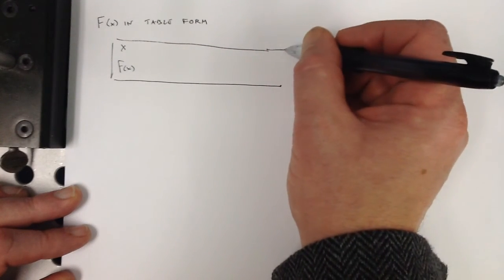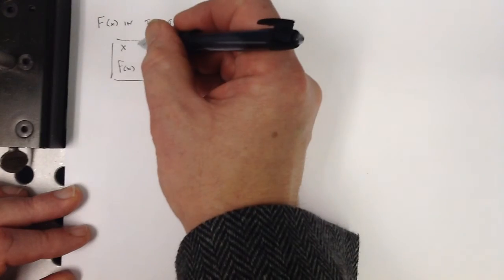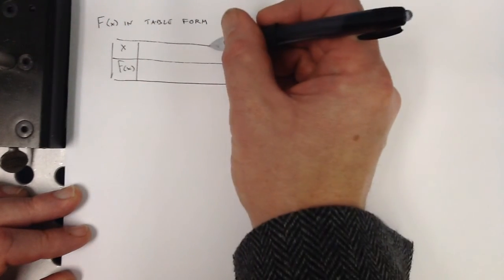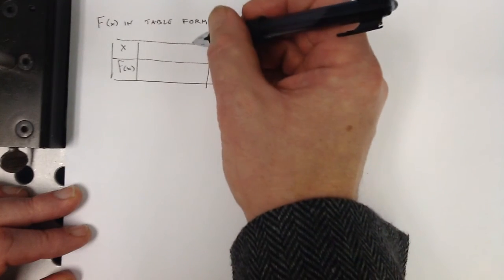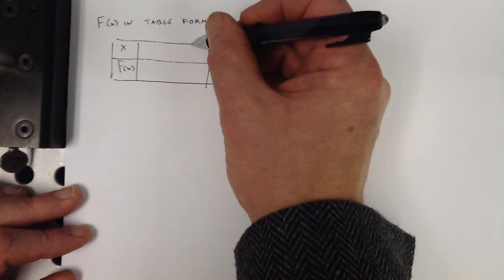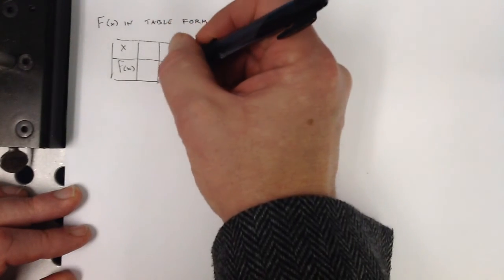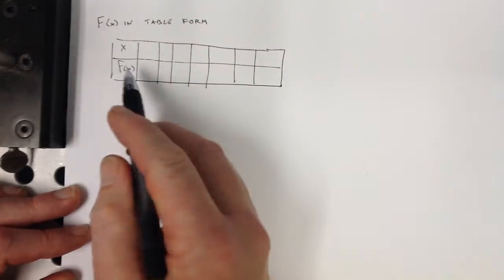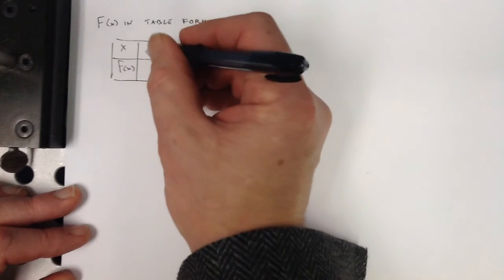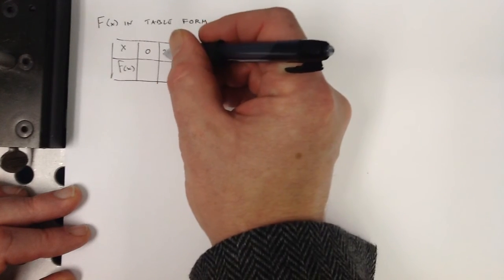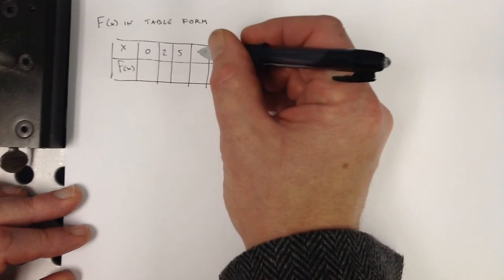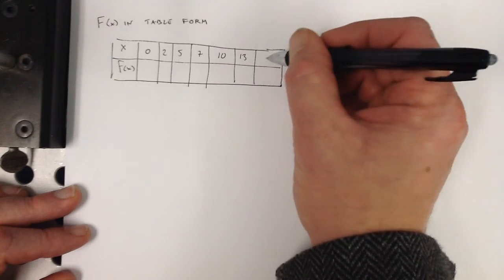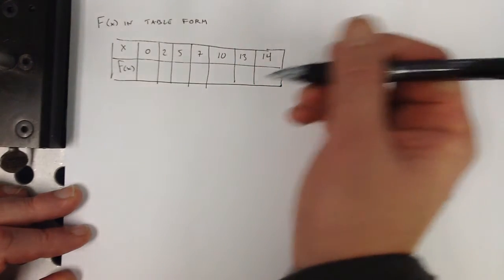We just have a table of data that might look like, let's see. We've got 7. So let's say we had 0, 2, 5, 7, 10, 13, and 14.